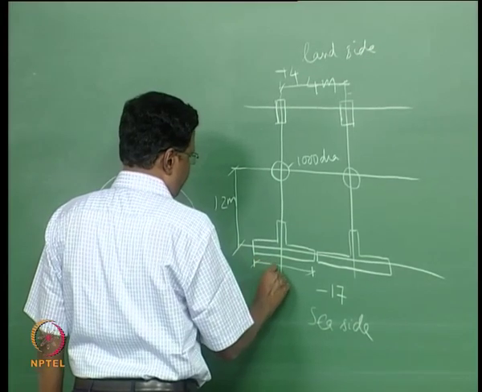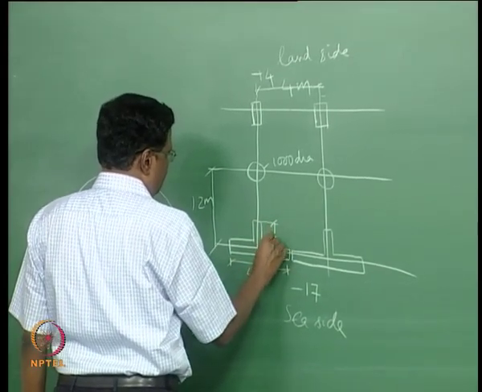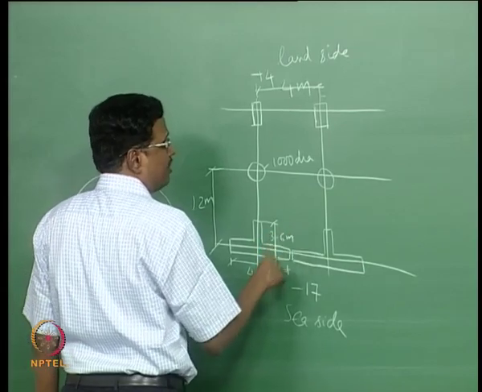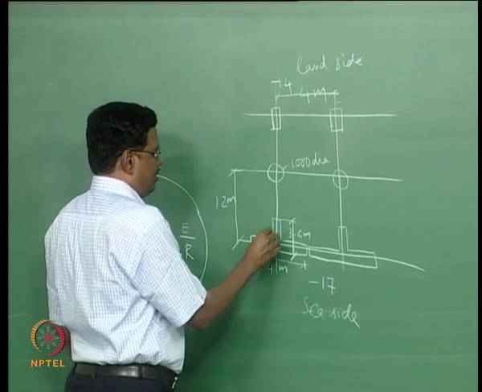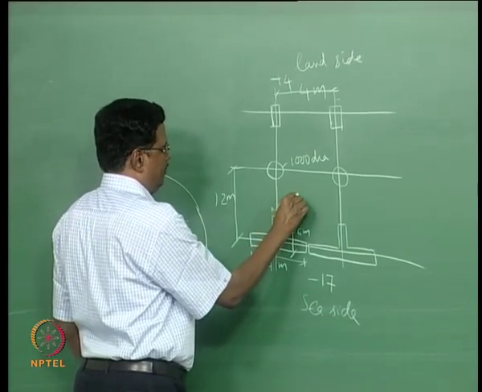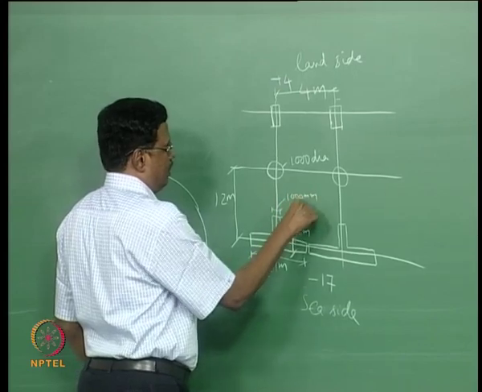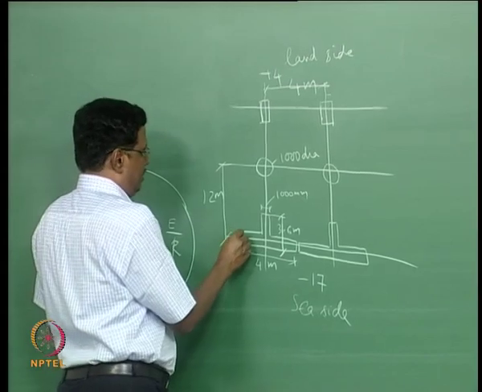This is 4 meter, this is 3.6 meter. This is called the web, this is 1000 mm. This flange is 800 mm.